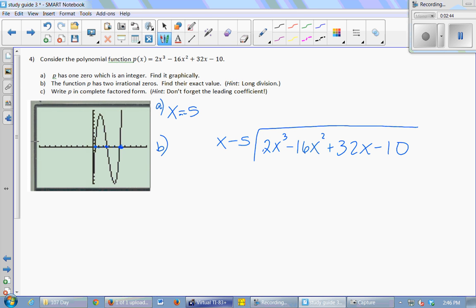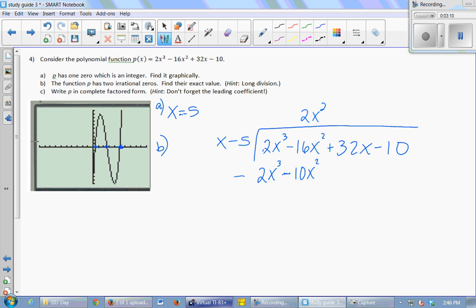I look at just the leading terms, the x and the 2x cubed, and I ask, what do I multiply x by to make 2x cubed? The answer is 2x squared. So I put that over the x squared term. Then you multiply your 2x squared times your x minus 5. 2x squared times x is 2x cubed. 2x squared times negative 5 is negative 10x squared.